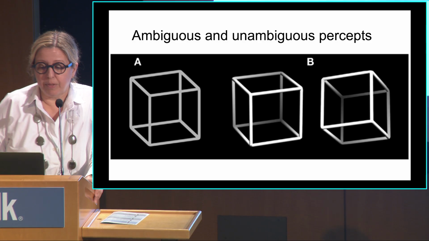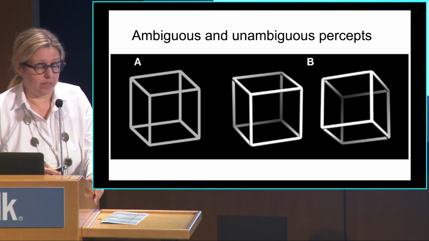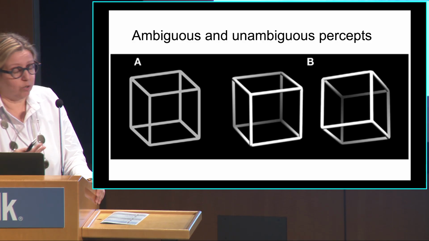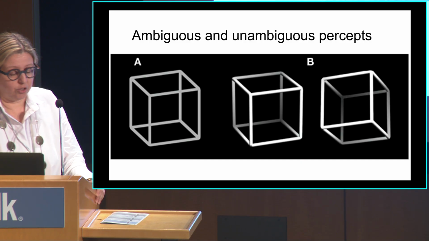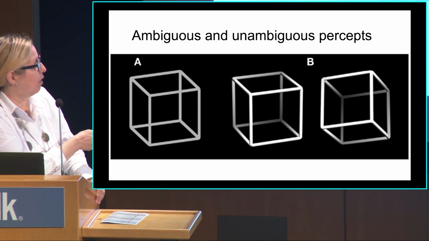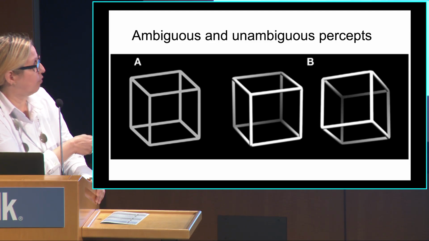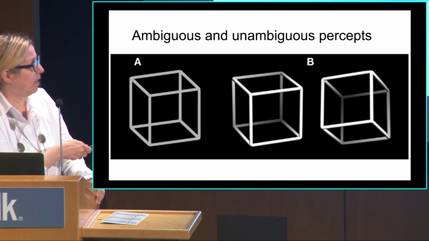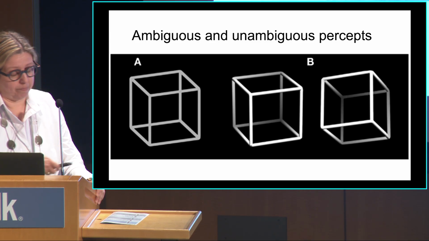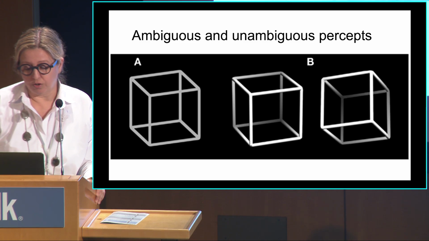We can disambiguate such stimuli, and here we could use 3D vision. Here it's just shading, and now you see one version with this face at the front here, and one with this face of the cube at the front.